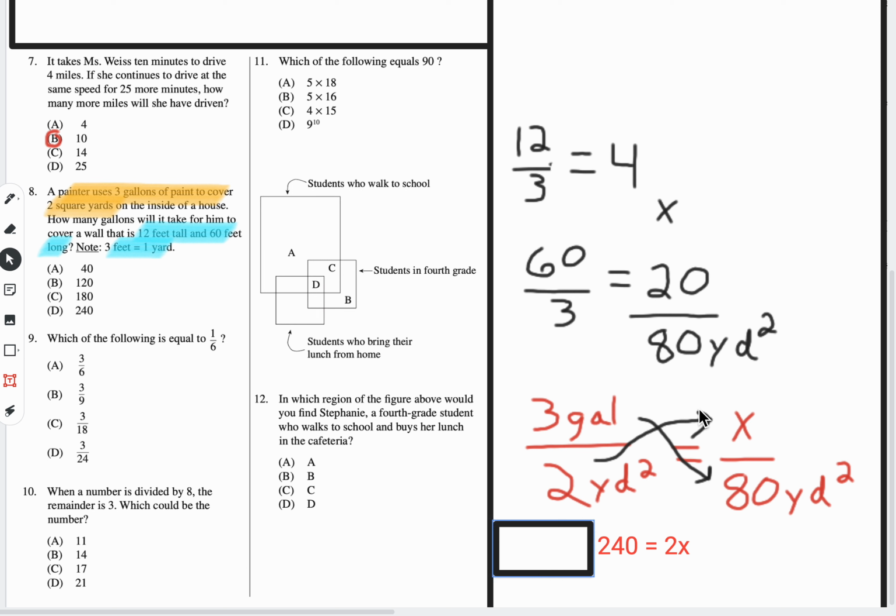Now we can divide both sides by 2. And this will get us to 120. 240 divided by 2 will be 120.